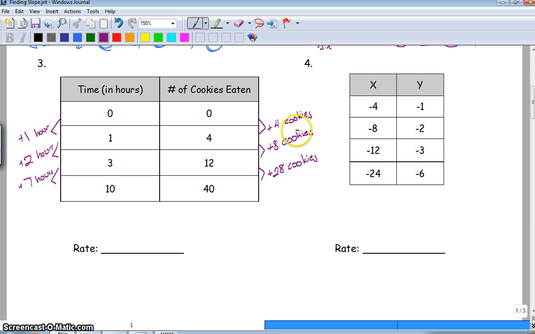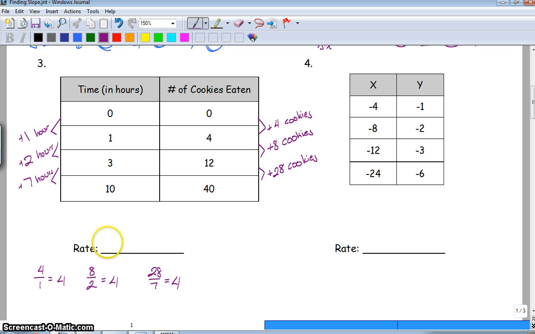Then divide your change in cookies, your change in your dependent variable, divided by your change in your independent variable. So go straight across. 4 divided by 1 is 4. 8 cookies divided by 2 hours, 8 over 2 reduces to 4. 28 divided by 7, again, reduces to 4.